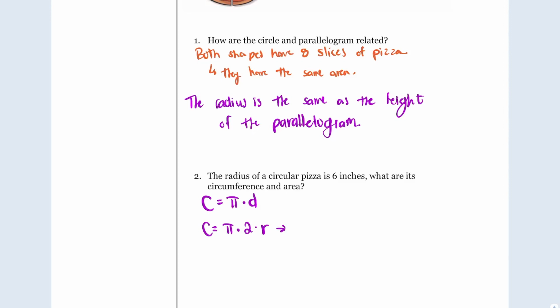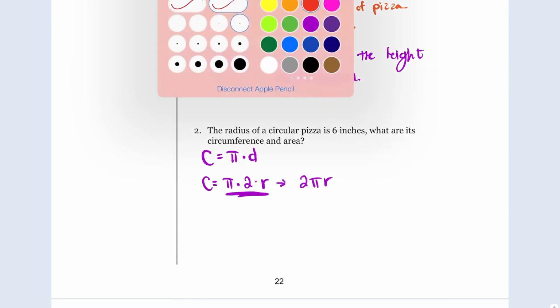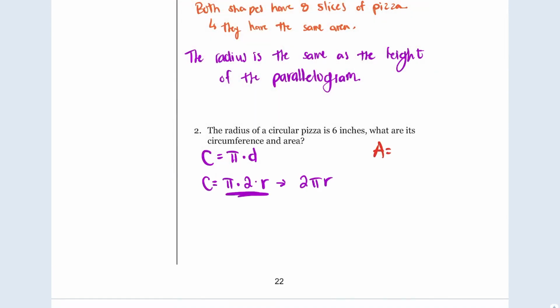You might have also heard it rewritten as 2 times pi times r. This is a little bit more standard, whereas with this one I always want to remind you that your diameter is just 2 times your radius, so you don't get confused. Why am I multiplying pi by 2? Just remember that multiplication is commutative. And then we have our area formula, which is pi times the radius squared.